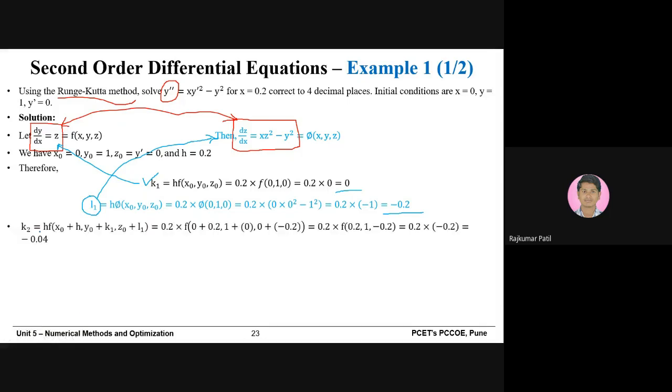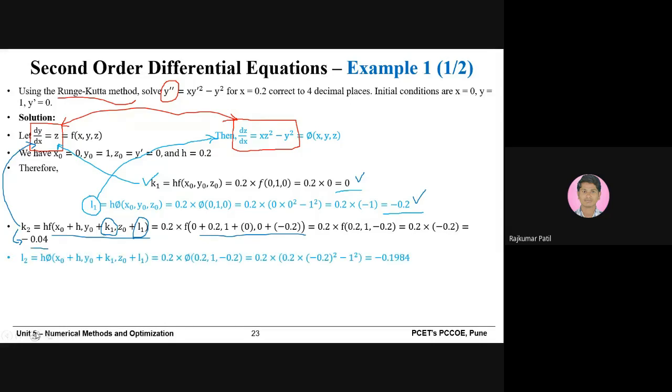Then you need to calculate k2, which is again related to the equation dy by dx is equal to z, and in this equation you need to put the values of k1 and L1. So both values you need to put. Make sure that if your k1 and L1 are incorrect, then again you will get a wrong answer for k2. So just simplify this equation, put correct values, and upon simplification you will get k2 as minus 0.04.